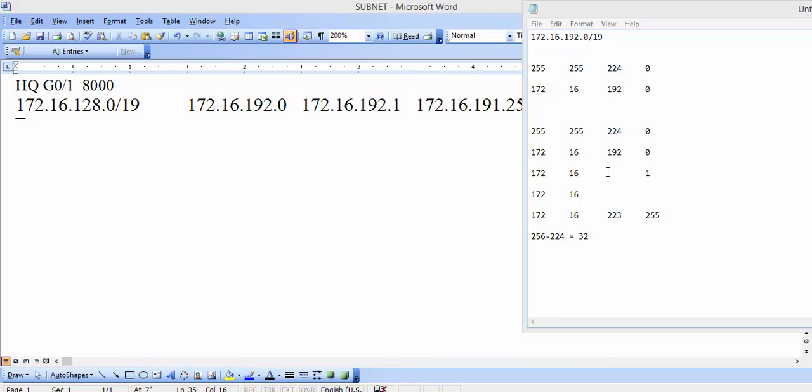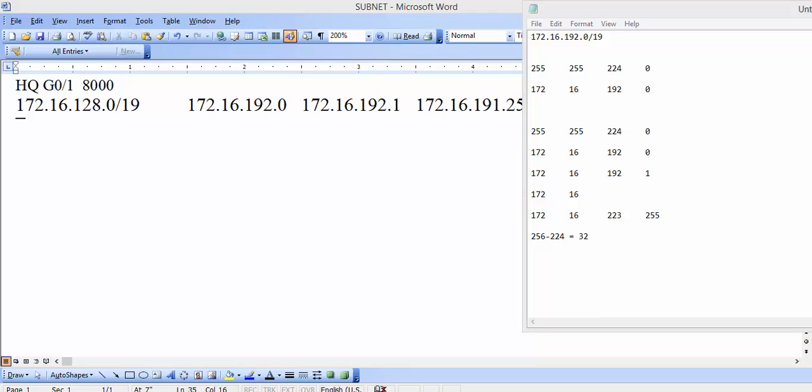And when we add 1 from the subnet, we have to fill this third octet, the first valid host, with 192. So 172.16.192.1 is our first host address.